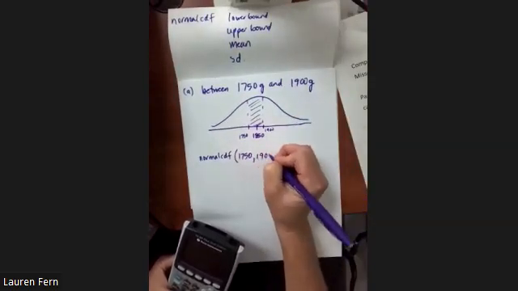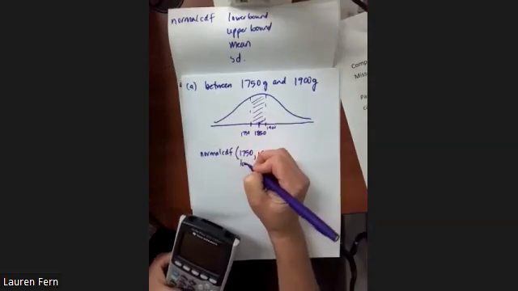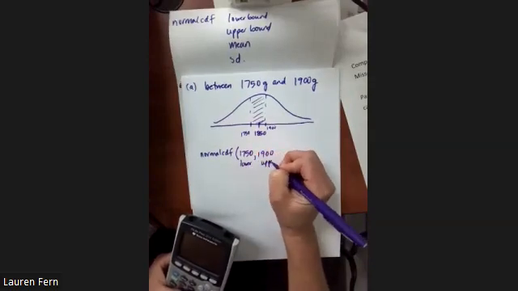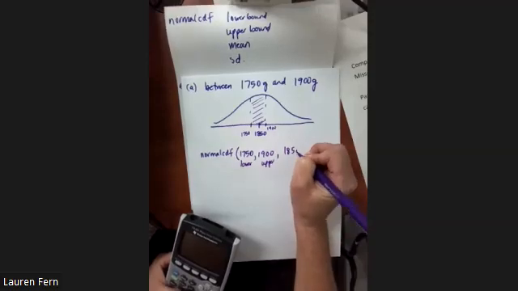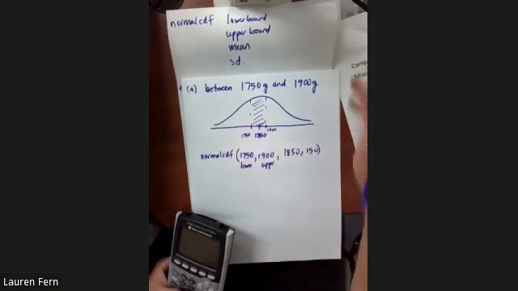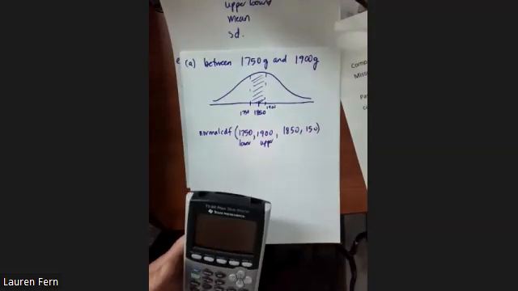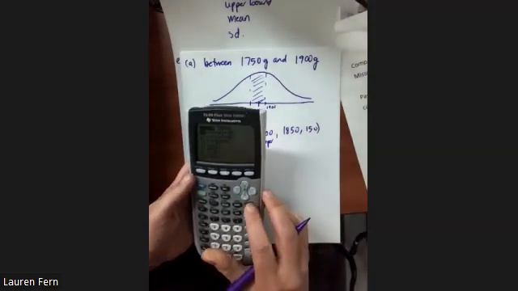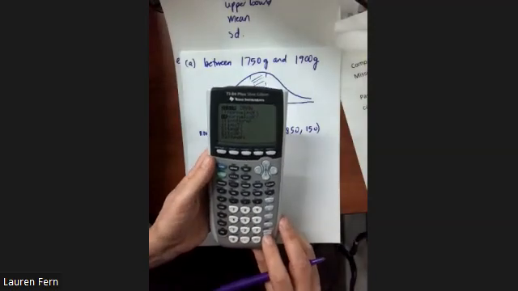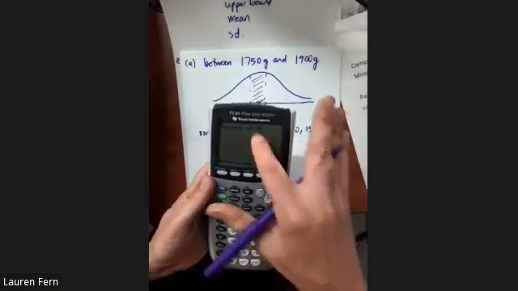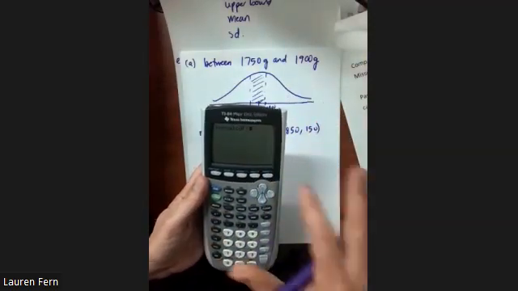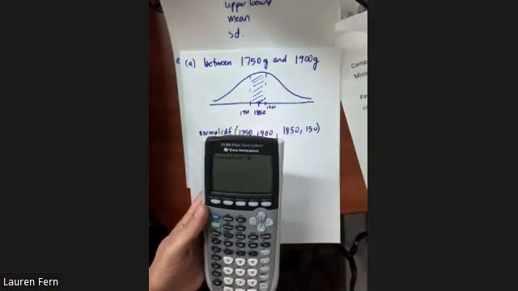We want the upper bound to be 1,900. And then we're given the mean and the standard deviation. Now, on my particular calculator here, if I go to normal CDF, I just put it all in the parentheses with a comma in between.